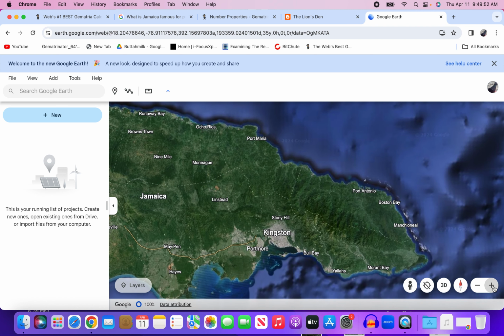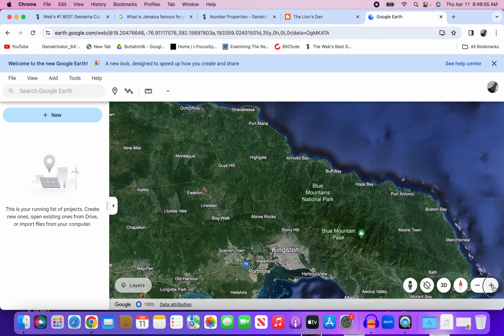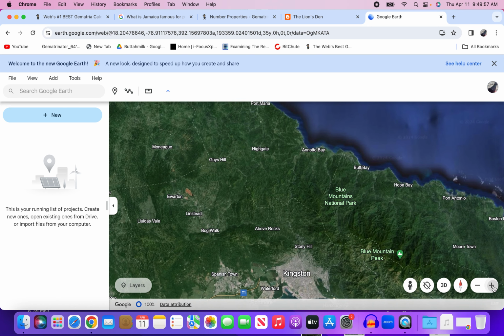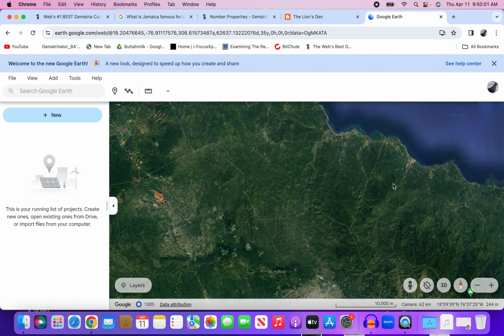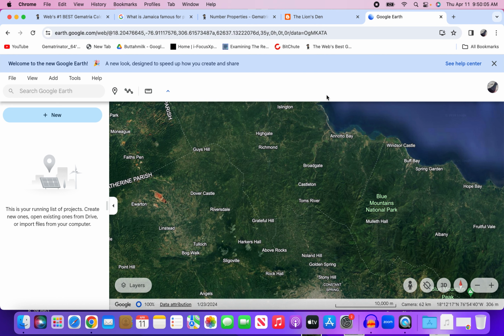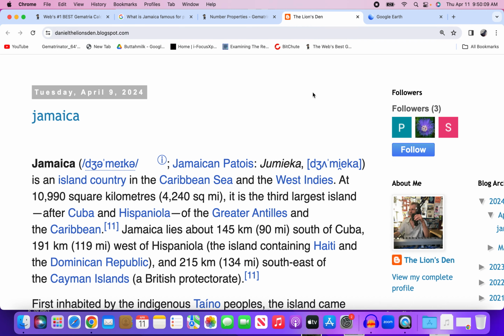So, let's get closer and closer. And all right, so let's go to some of the numerical patterns and just interesting things about Jamaica.